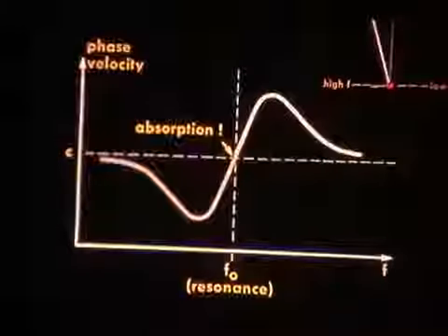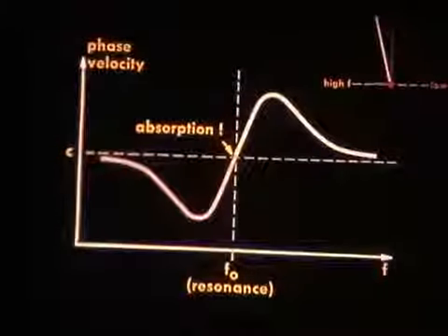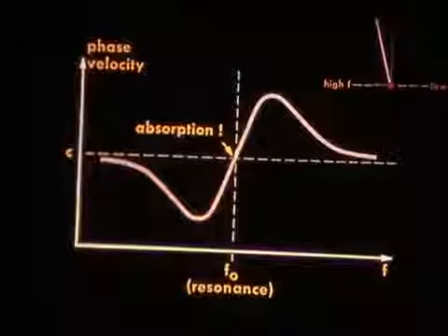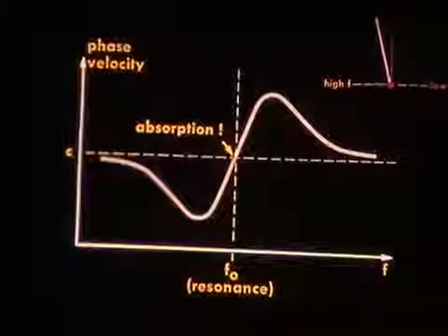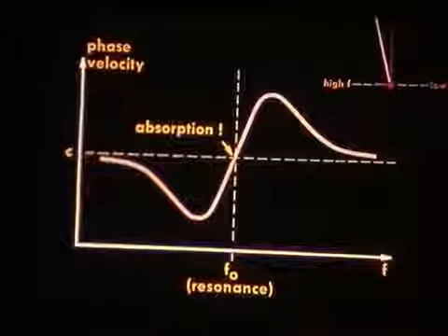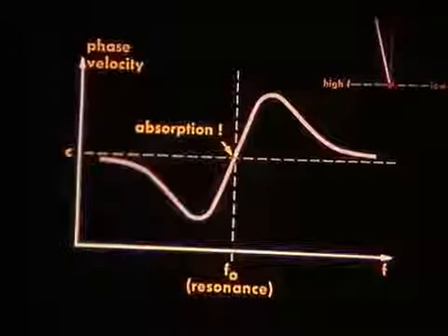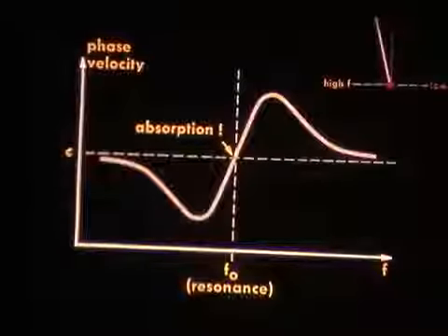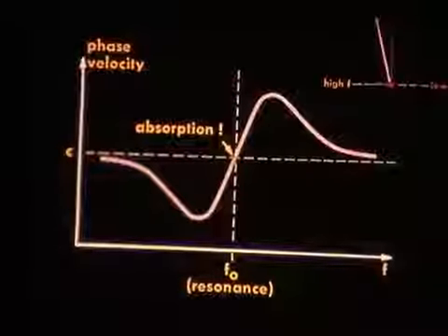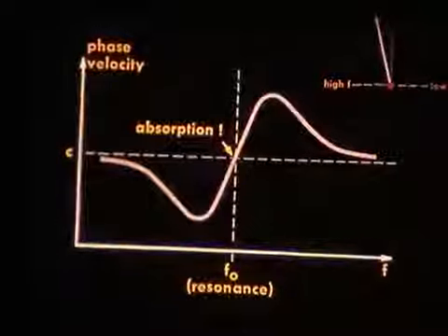Keep in mind that only the resultant wave's phase moves faster than c. The individual dipole waves, the incident wave, all these waves move from atom to atom through the intervening space at speed c. No signal actually moves faster than c.